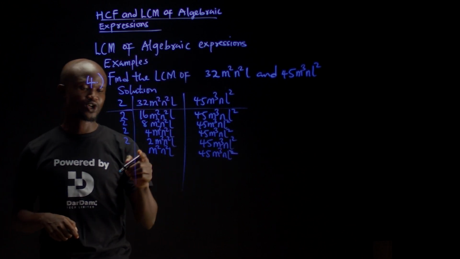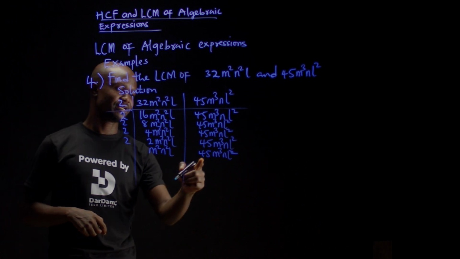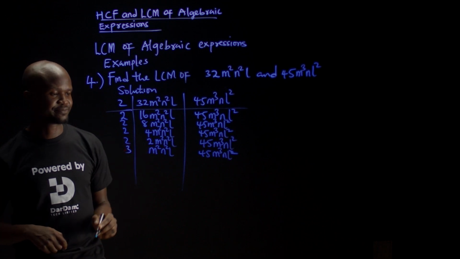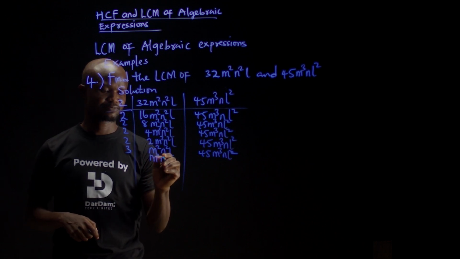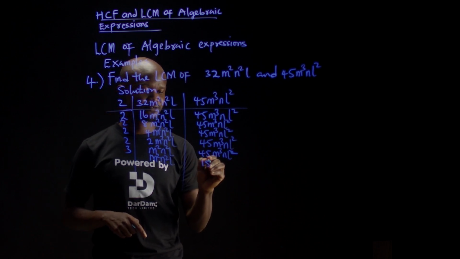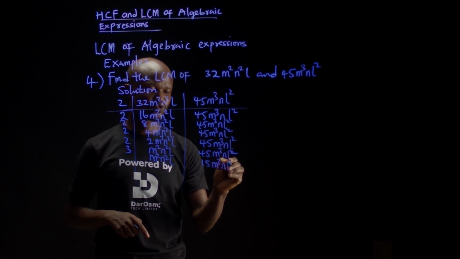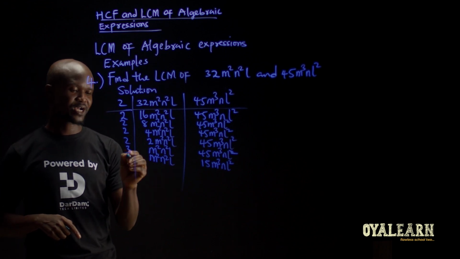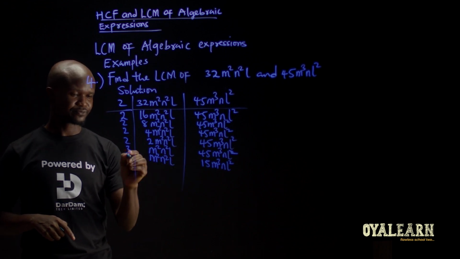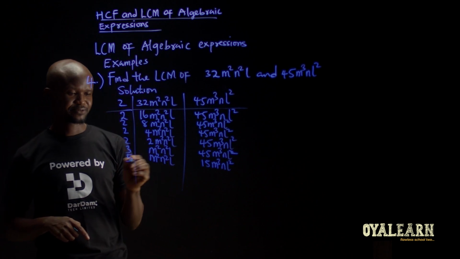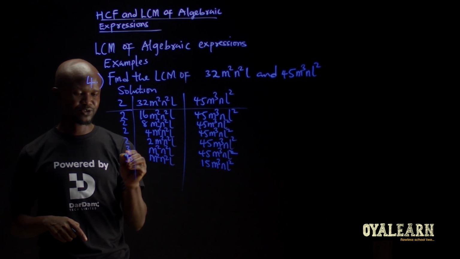Now, we are done with 32. Let's look at 45. We can use 3. We still copy this. 45 divided by 3 is 15, so 15m³nL². Now we can use 5, or we can still use 3, since we have 15. Let's use 3.